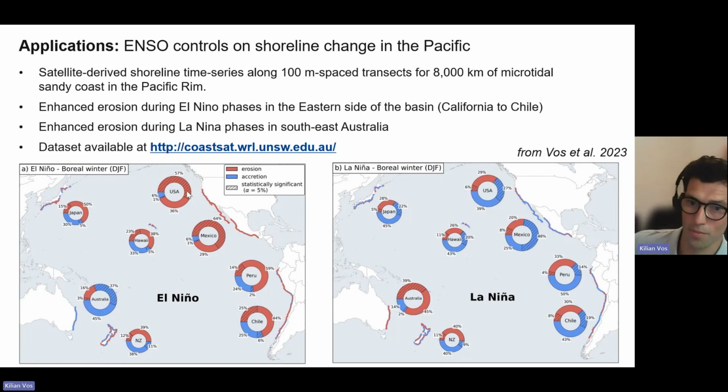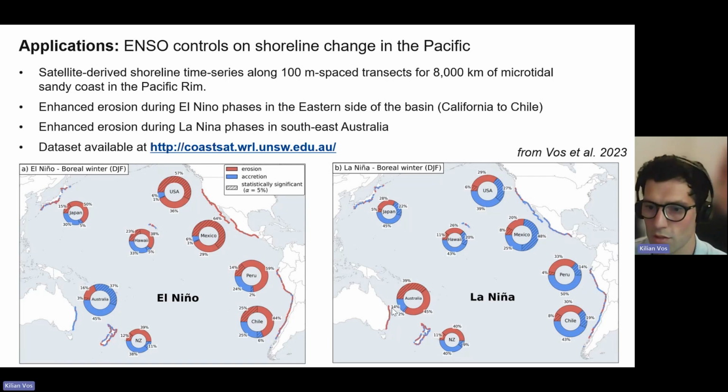And then we looked at the anomalies during El Niño and La Niña periods. And we could see during El Niño winters, we have significantly enhanced erosion along most of the eastern side of the basin, so from California to Chile. While during La Niña phase, that erosion occurs in Southeast Australia.